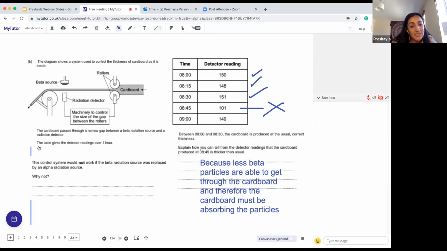Now this control system would not work if the beta was replaced by an alpha source. So why would the control system not work if we started using alpha? Well, alpha is blocked by skin or paper.